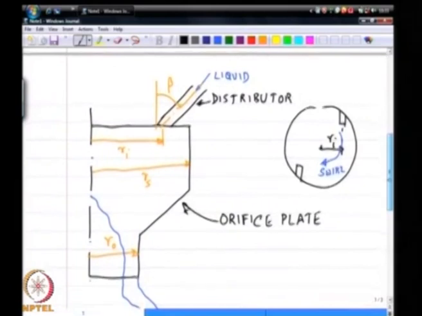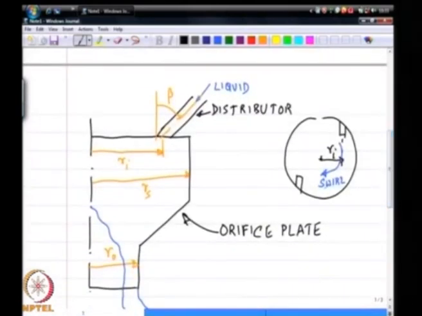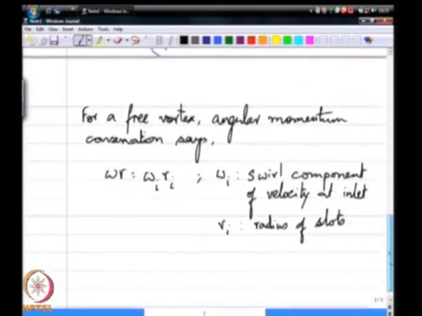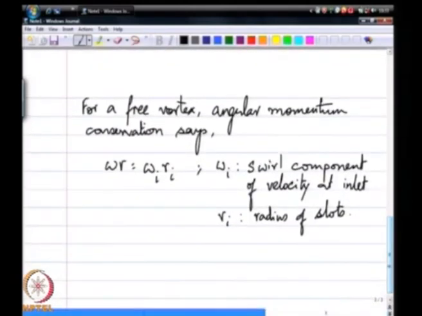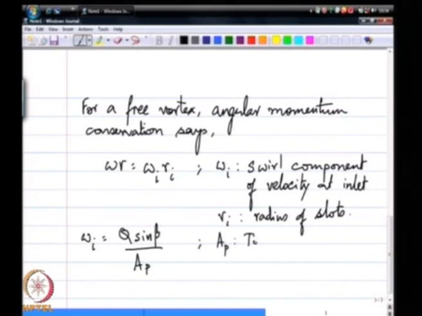Now, I could have, like I have shown in this picture, 2 slots, but I could have multiple slots. So, at any r location I have W I. Now, just to be clear what W I is, W I would be q times sin beta divided by A P. A P is the total area of all the slots put together.